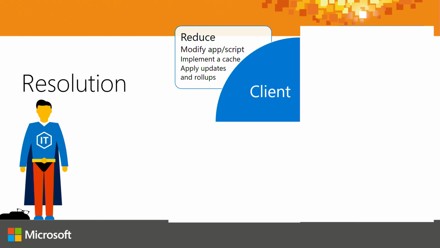So on the client side, what can you do? Once you identify there's a client causing an Active Directory performance problem, and that's usually the case, it's something client-side that's overloading the DC or doing an expensive search or some behavior that's killing us, what we can do is modify the app if you have your application developer there.